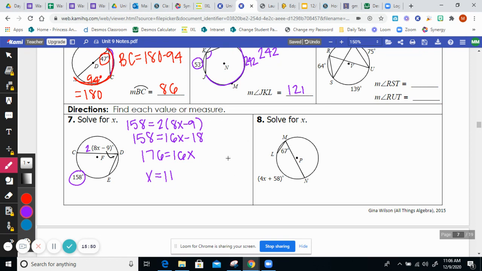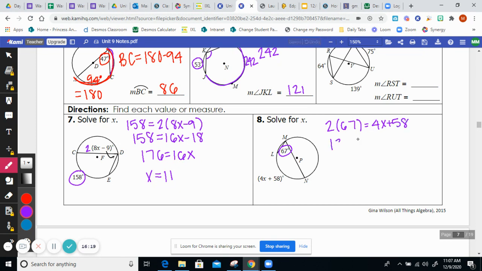All right, and then number 8, we're going to do the same thing. We're given the angle measure, and I know that my arc measure is going to be double my angle measure. So for this one, I could just say 2 times 67 is going to equal 4x plus 58. So 2 times my angle equals 4x plus 58.